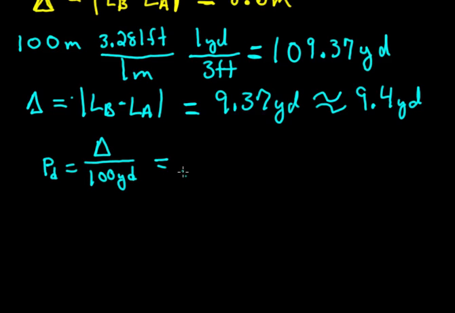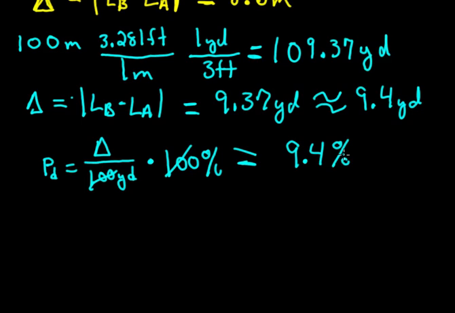And if we want it in percent, we multiply this by 100%. Now what's nice about this being in 100 is these hundreds cancel. And if I replace the delta with the 9.4 yards, I'm left with 9.4%. So these numbers are set up in such a way that when we look for a percent difference, we just get that 9.4%.